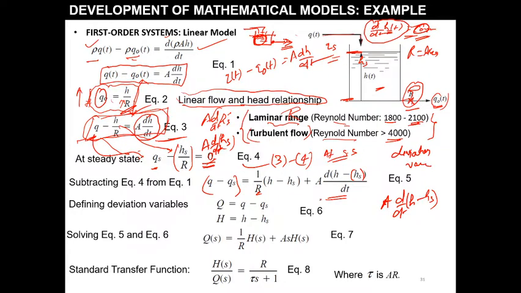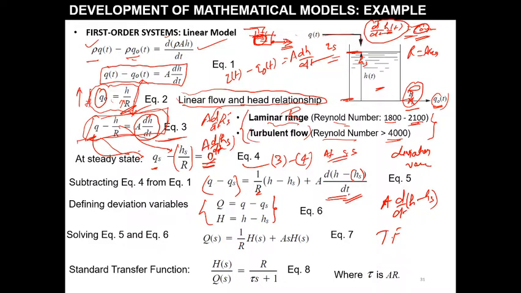Basically this is h minus hs, a deviation, and therefore we are defining a new term, the deviation variable, and finally we are trying to write the equation in terms of the transfer function. We are trying to find the model, and in order to do that we have to write the equation like this.